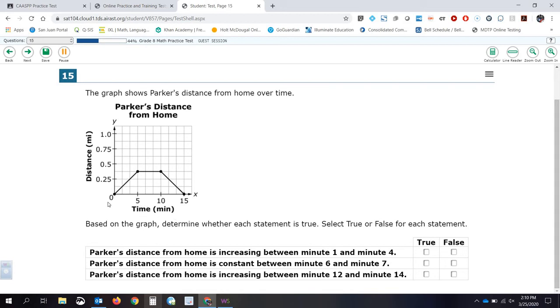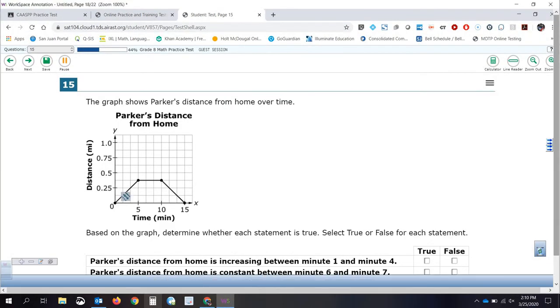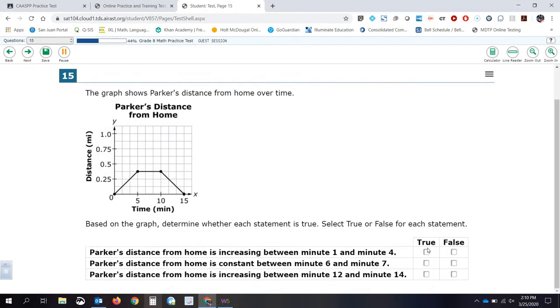All right, between 1 and 4, his distance from home is increasing. Is that true? Between minute 1 and minute 4, is the distance from home increasing? 1 and 4 is in that range, and the answer to that is true.